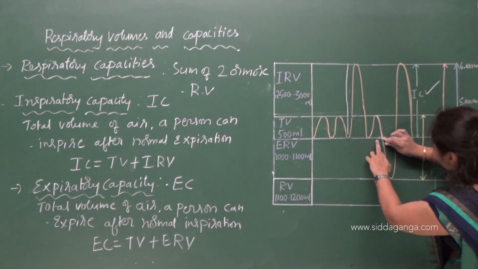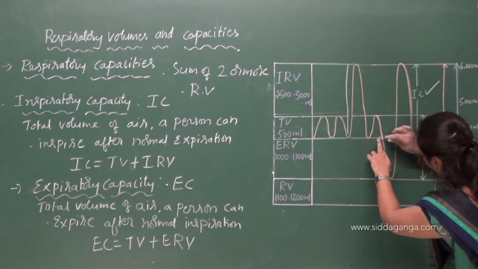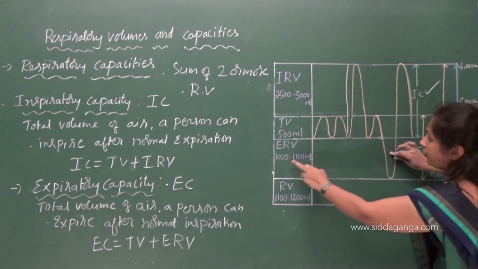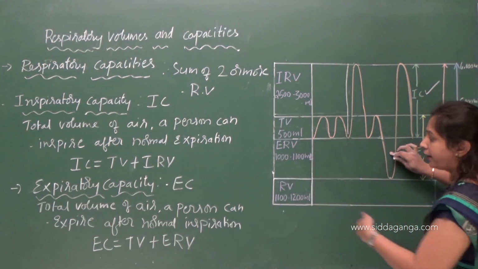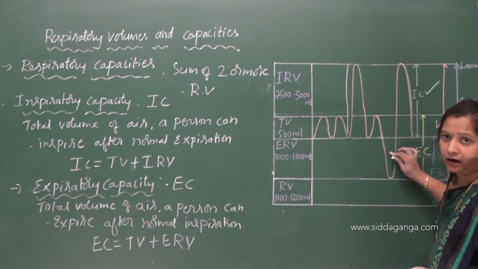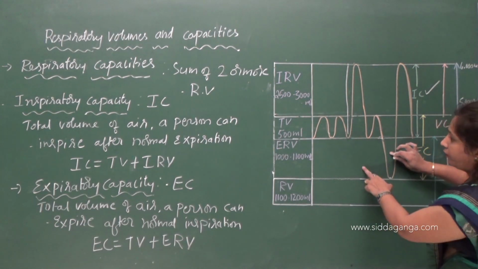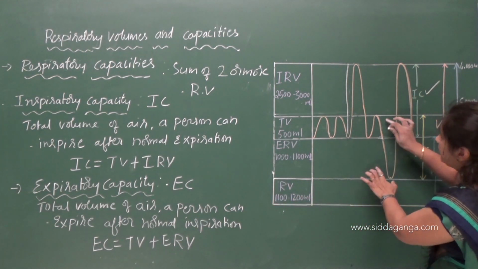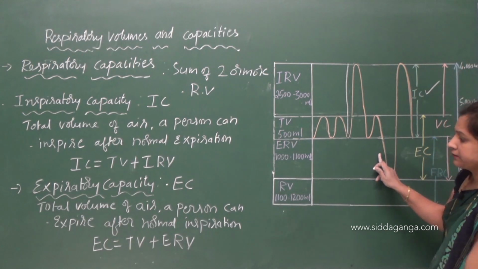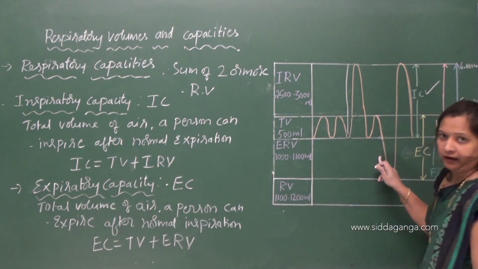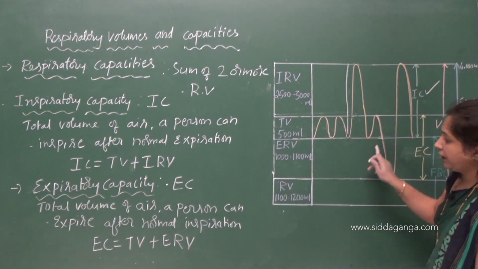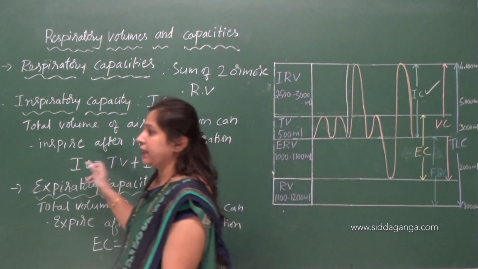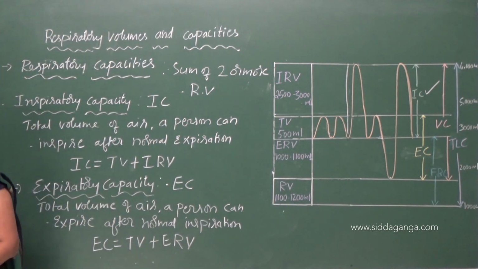And further if we expire forcefully, a further 1000 to 1100 ml of air we are able to expel out. Okay, so we can say expiratory capacity is TV plus ERV. Understood what is inspiratory capacity and what is expiratory capacity?